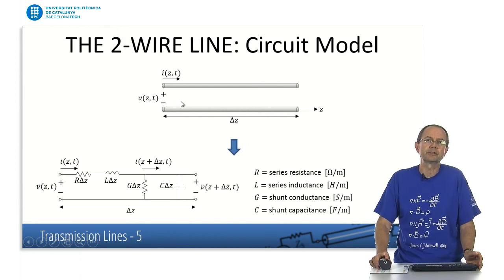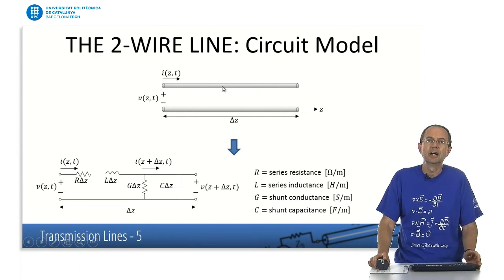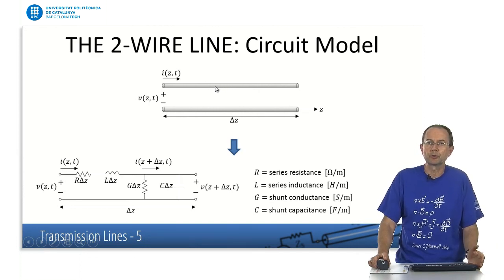Let's think about what we have here. We have a conductor. A conductor has some resistance. Also, we will have a magnetic field, which is produced by the current flowing through the conductor. The resistance can be modeled by a resistor.